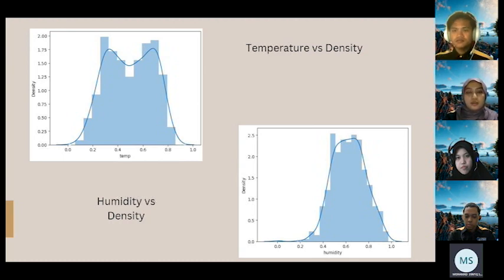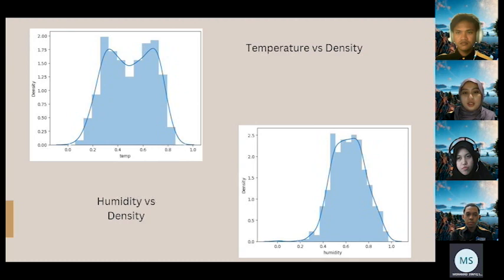For the humidity effect, we can call the graph a bell curve graph, where the maximum quantity of bike sharing is when the humidity is at 0.6. So based on this graph also, we can conclude that humidity also affected the numbers of bike sharing.